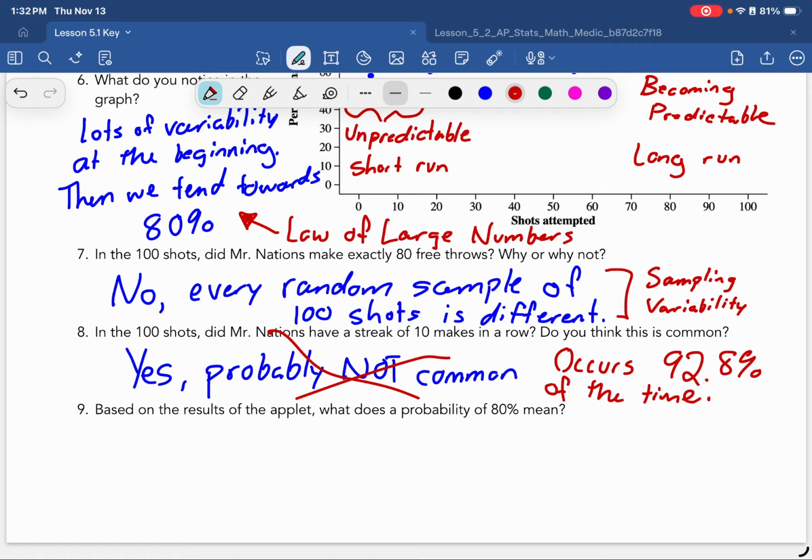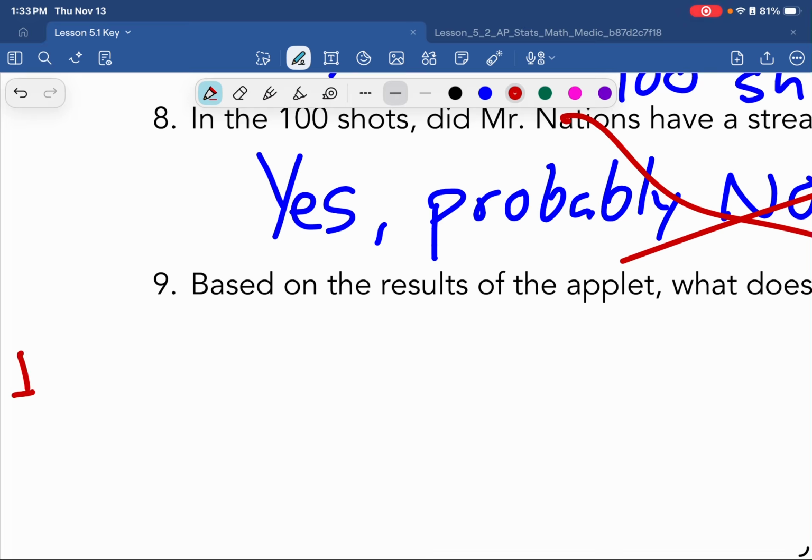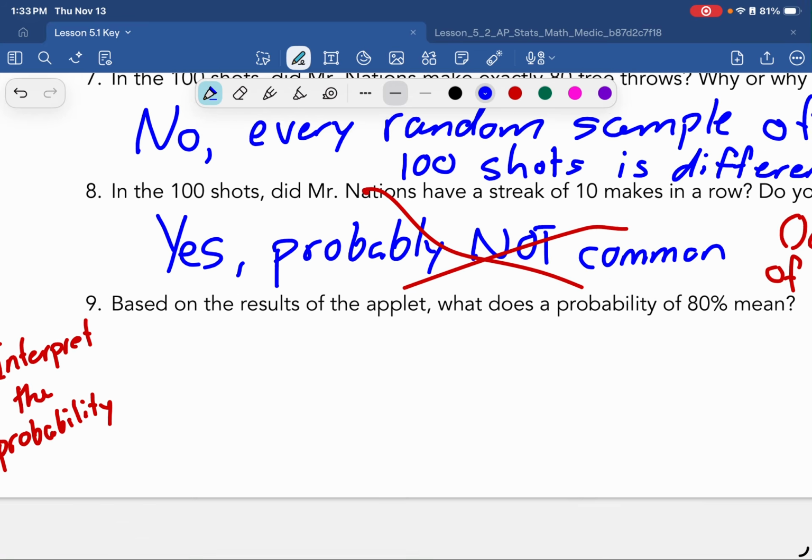All right, last one. Based on the results, what does a probability of 80% mean? And I'm going to scare you a little bit. This means that you need to interpret the probability. And that sounds scary. But you already have it.